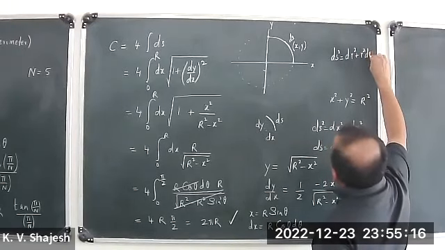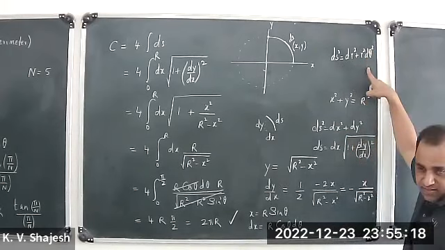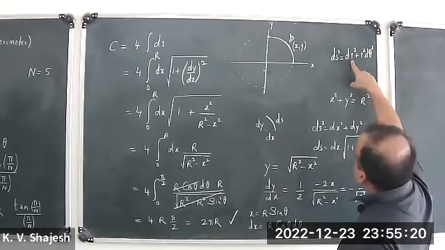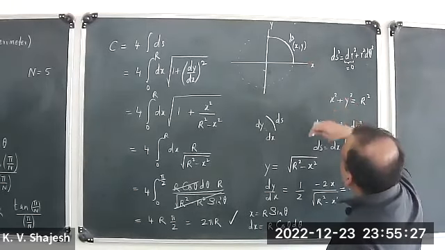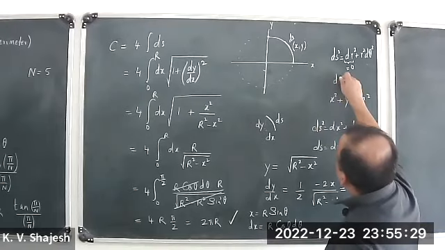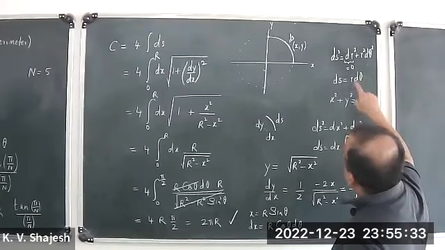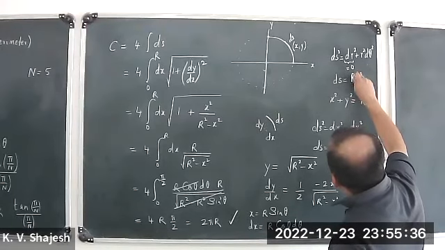Yeah, you're right. I'm just going to write it like this. And now on the curve, this is equal to 0, right? Exactly. So this is equal to 0 on a circle. So ds is equal to r d theta. So r is fixed, constant, r d theta.